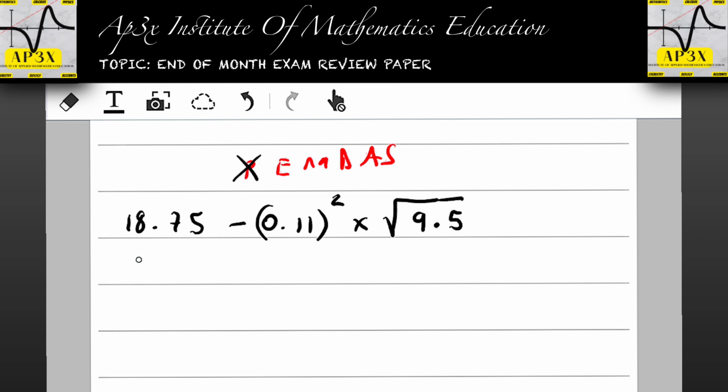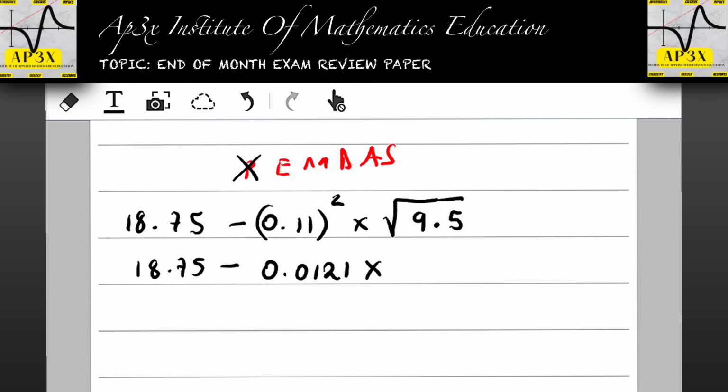There is an exponent of 0.11 squared, and that gives us a result of 0.0121.